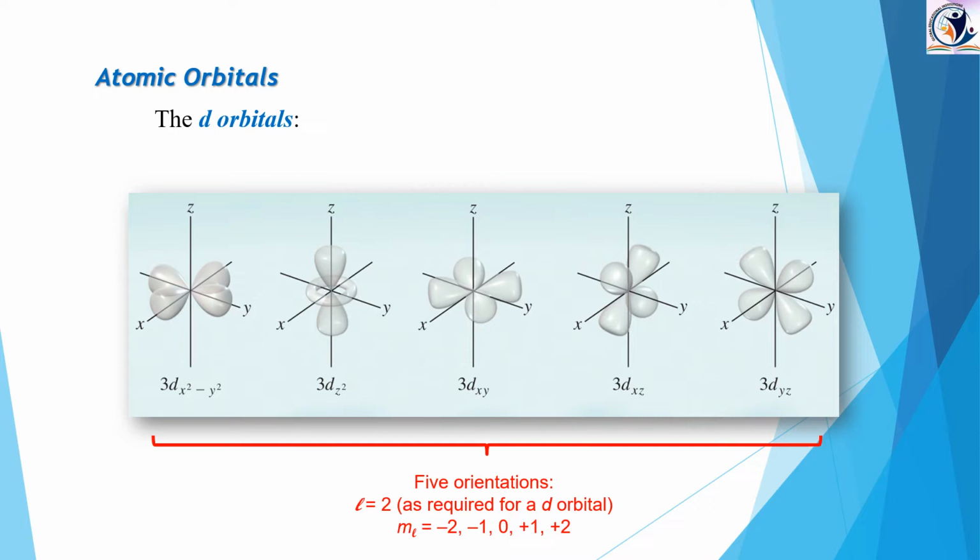These are the 5 orientations. Maybe you have noticed one thing, children: all the d orbitals have 5 orientations, but the value of L is the same for all of them. Even 3d x square minus y square has the same L value; its ML value is different. Got it?